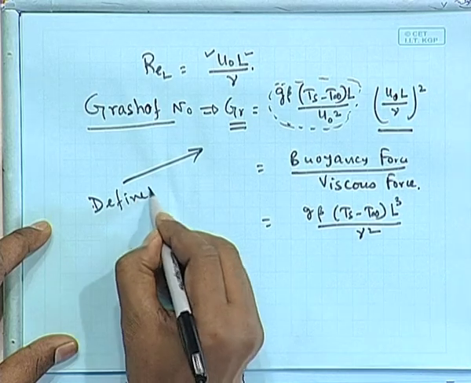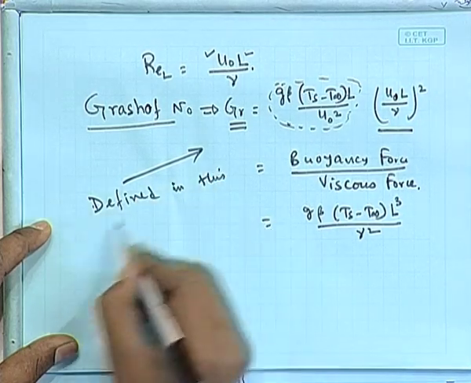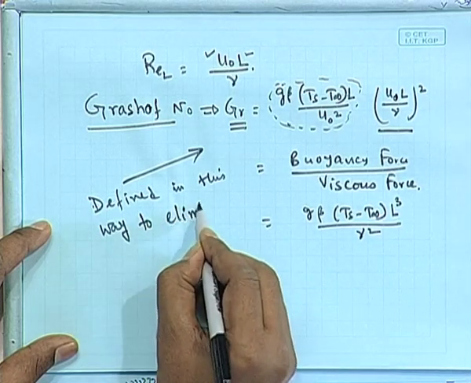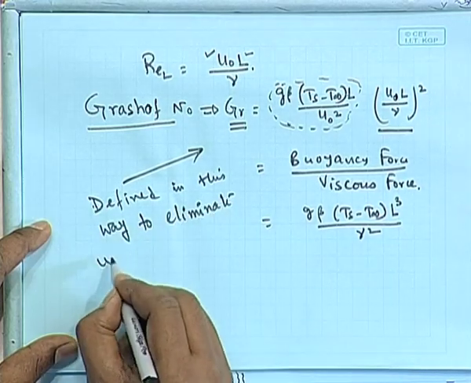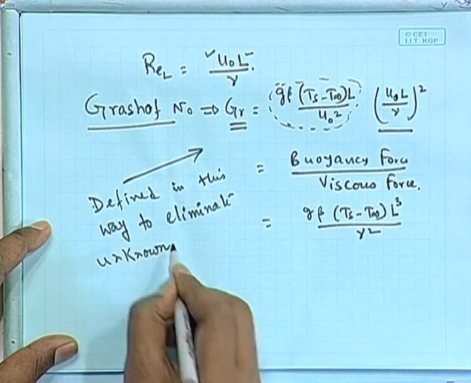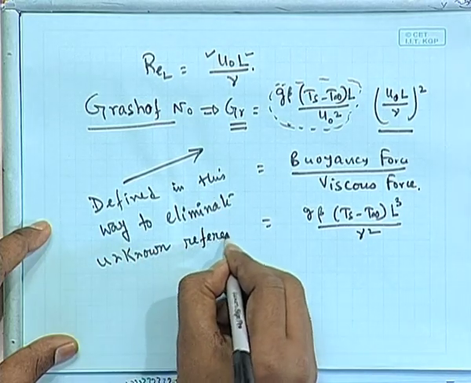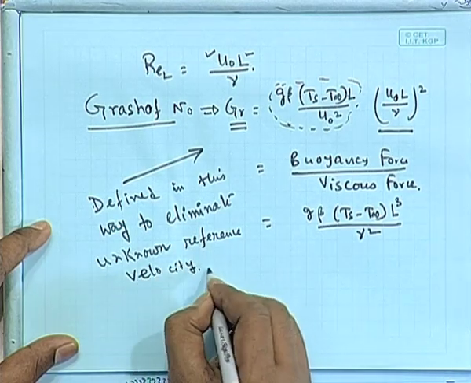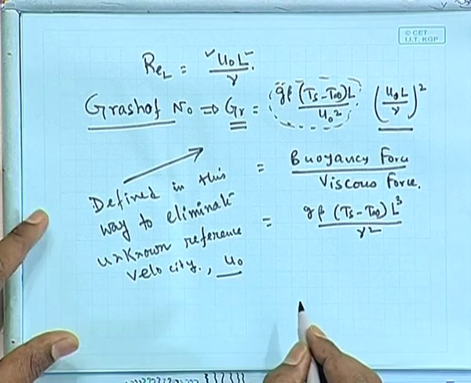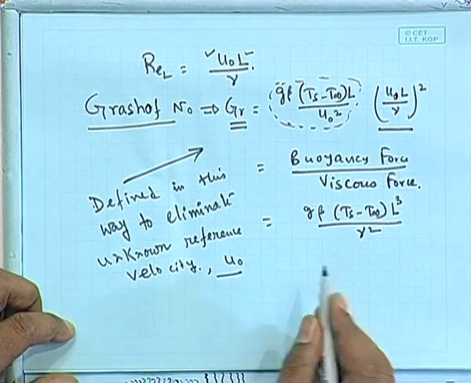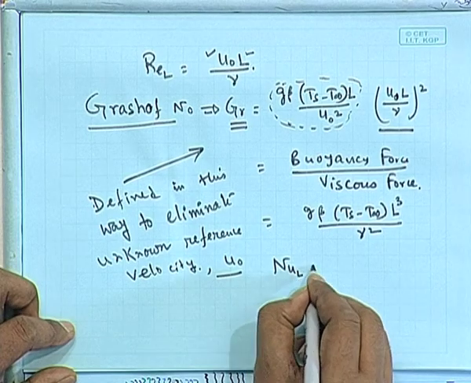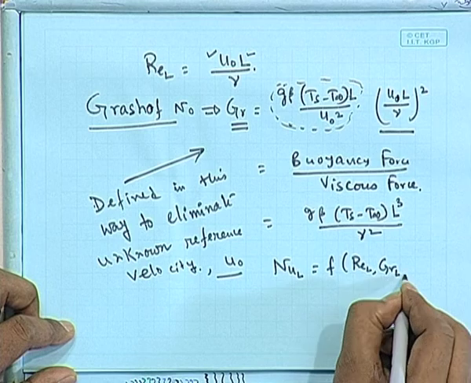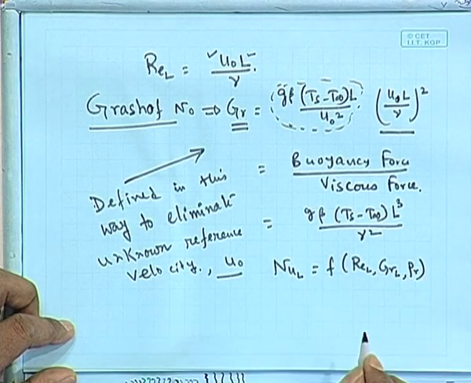Defined in this way, velocity u naught. So, you can expect your Nusselt number will be a function of Reynolds number, Grashof number and Prandtl number.